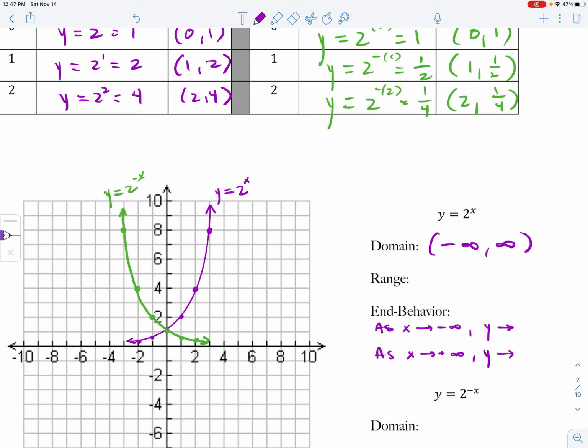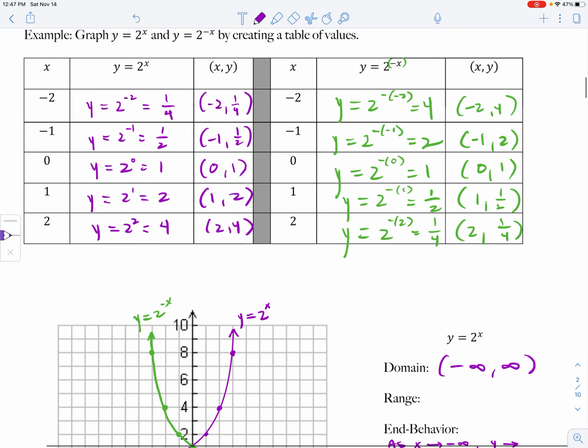So as x approaches negative infinity, let's think about plugging in smaller and smaller values. We already plugged in -1, -2, and we saw we got 1/2, 1/4. If we plug in like -100, -1000, so 2 to the -1000th power would be 1/2 to the 1000th power.